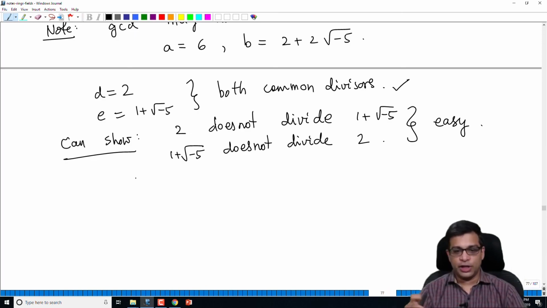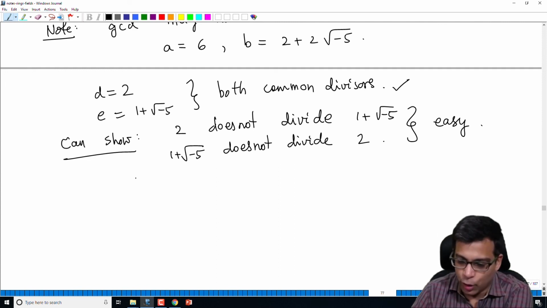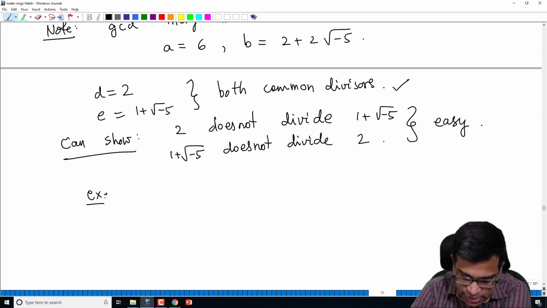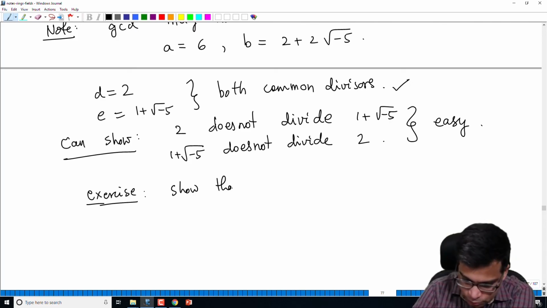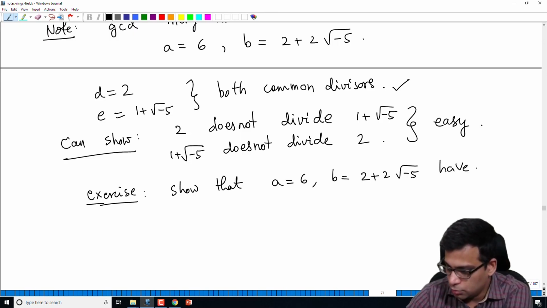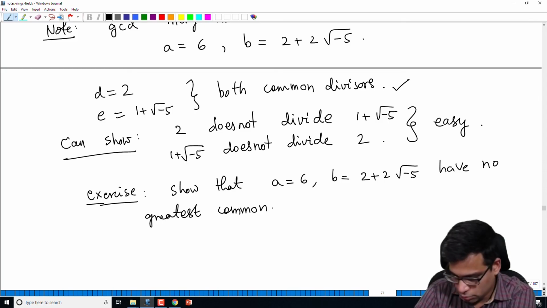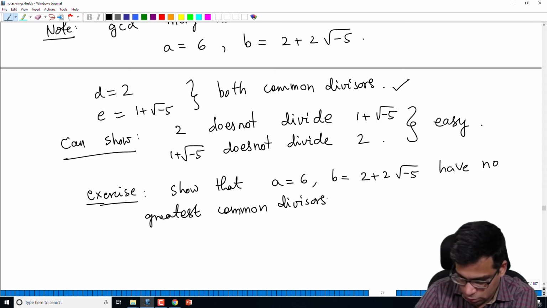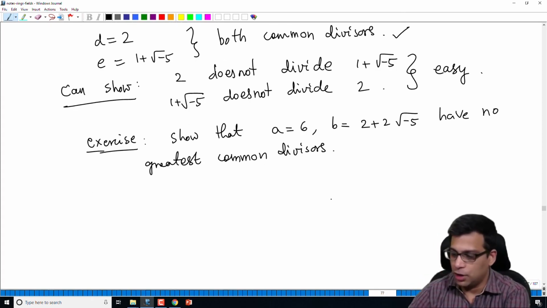Now in fact you can show that there is no GCD, because 2 is irreducible. I will leave this as an exercise: show that A, which is 6, and B, which is 2 plus 2 times square root of minus 5, have no greatest common divisor. That is because you can show that D and E are irreducible.